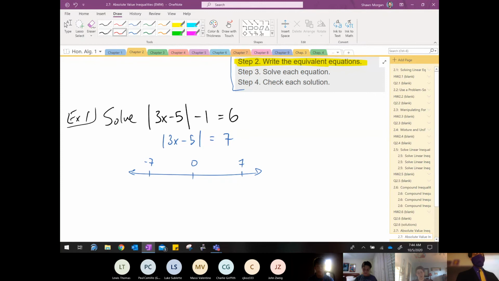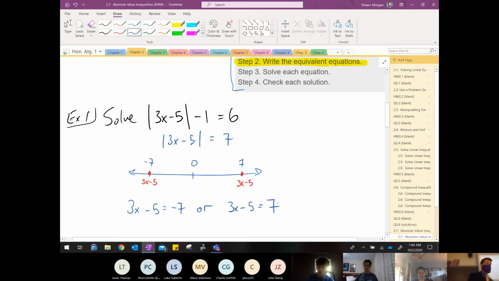So 3x minus 5 could live over here, or it could live over here. In other words, it is equal to -7 or +7. And those are going to be in step 2, my equivalent equations. 3x minus 5 is equal to -7, or 3x minus 5 is equal to +7.